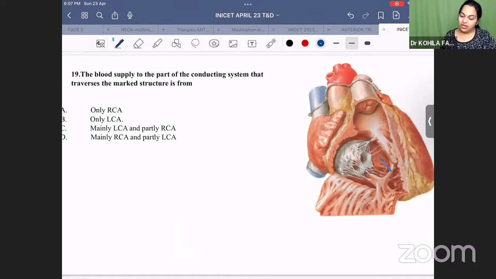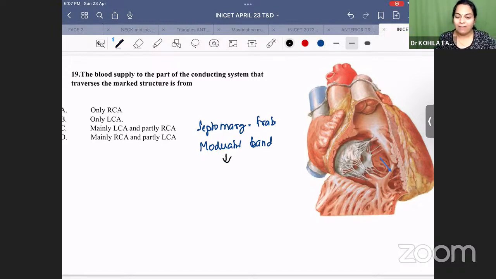The blood supply to the part of the conducting system that traverses the marked structure. So what is this marked structure? This marked structure is the moderator band. It is also called the septomarginal trabeculae. Now, what is going to traverse this?